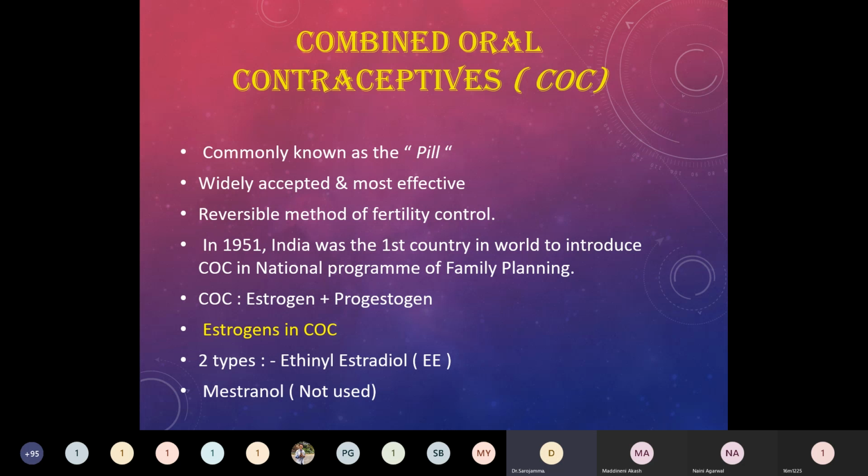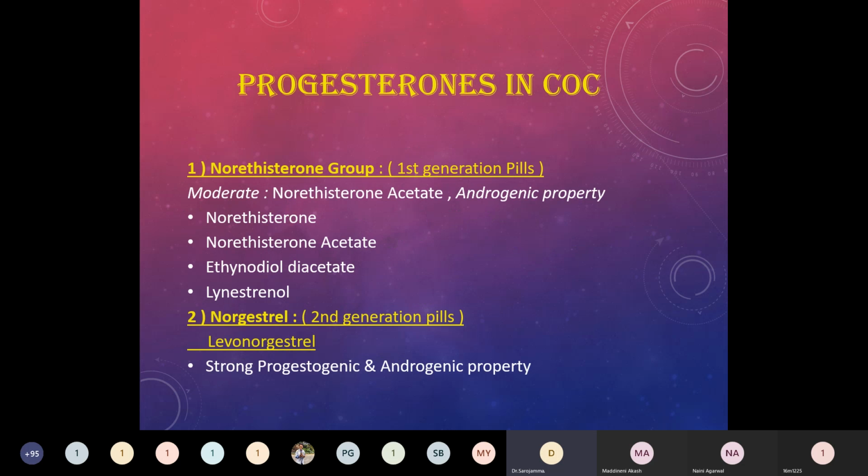Estrogens in combined pills are of two types. The common one is ethinyl estradiol, and the less common one is mestranol. The progesterones in combined pills are grouped into different generations: first, second, third, and fourth generation.